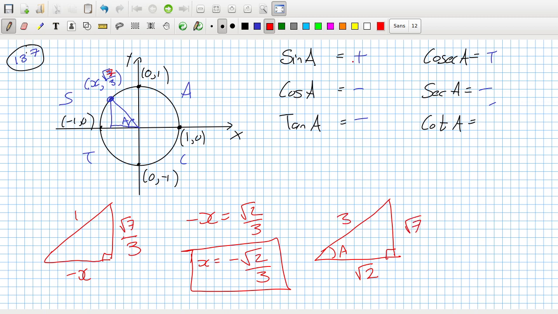Okay. Sine A would be root 7 over 3. Cos A would be root 2 over 3. Tan A would be root 7 over root 2, which would be root 14 over 2, wouldn't it?